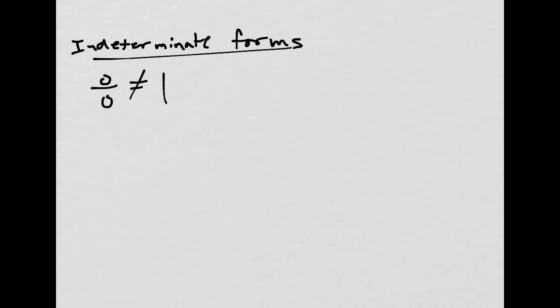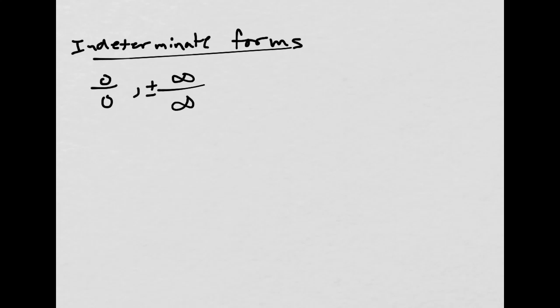So, an indeterminate form is 0 over 0. Another indeterminate form is infinity over infinity, or plus or minus, it doesn't matter. Infinity is not really a number, so having infinity over infinity is still not 1.